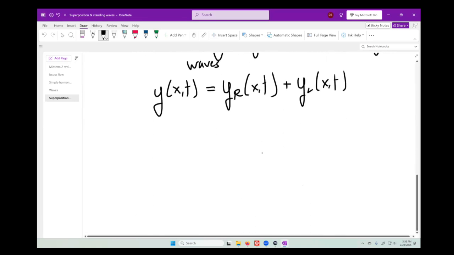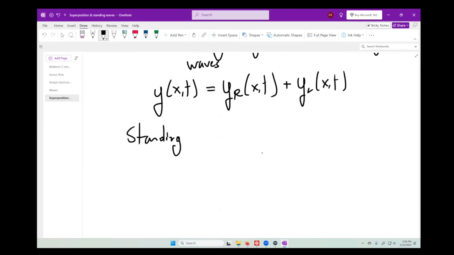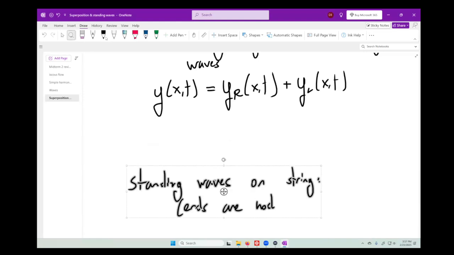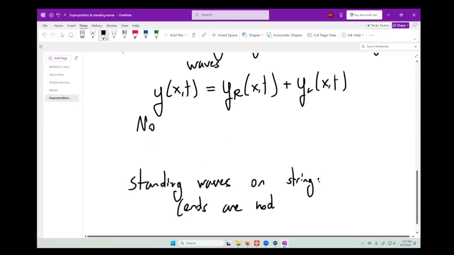Okay. So one example of this is standing waves on a string, where the ends are fixed. So the ends are nodes. Let me just mention one other thing. In a standing wave, the nodes are half of a wavelength apart.